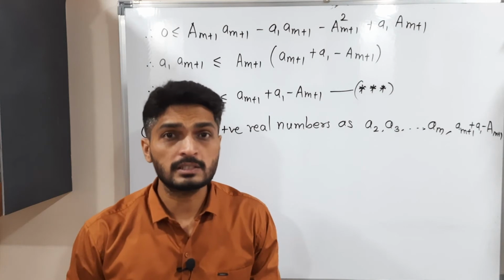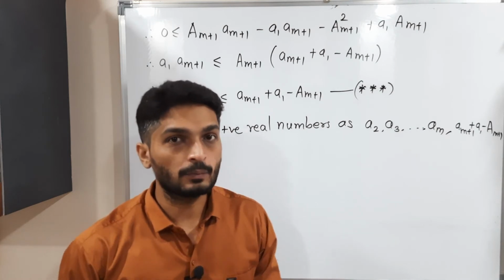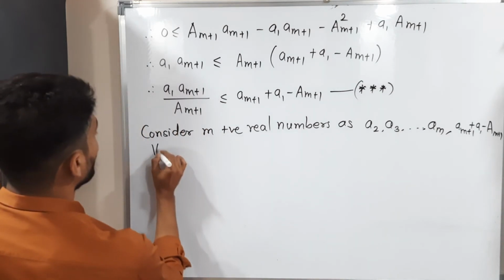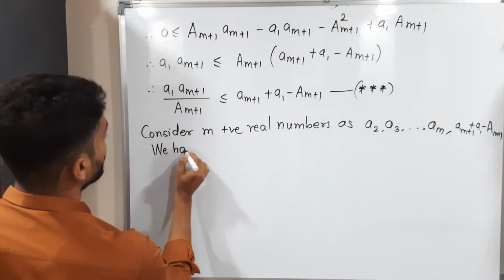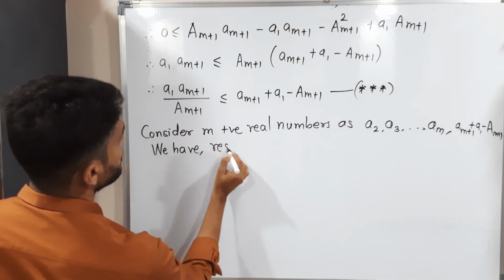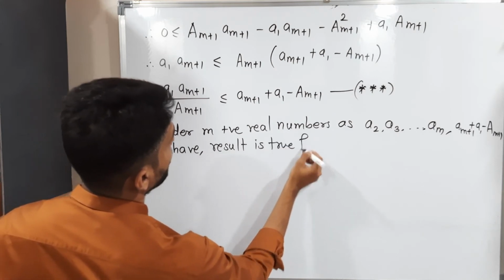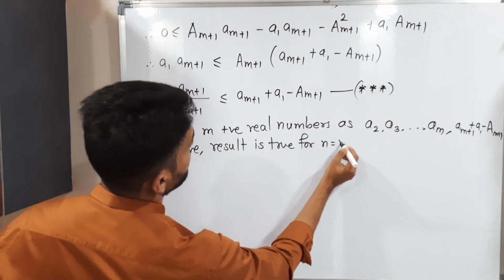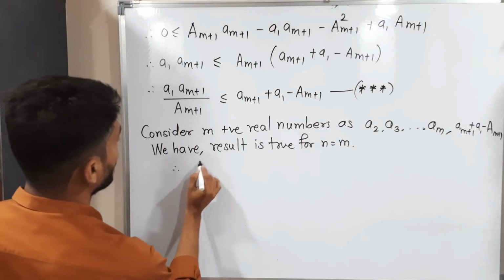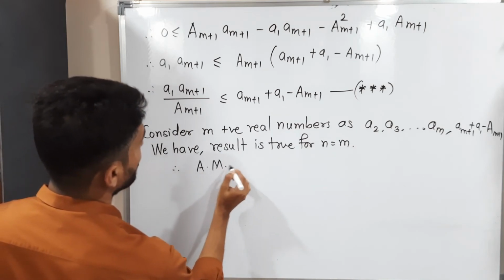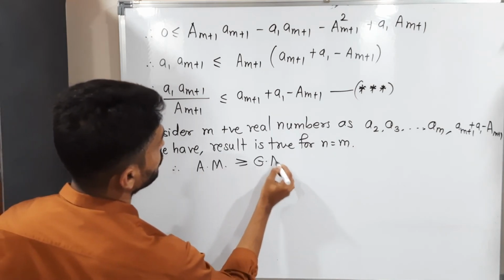So we know that the result is true for n is equal to m. So therefore arithmetic mean is greater than or equal to geometric mean.